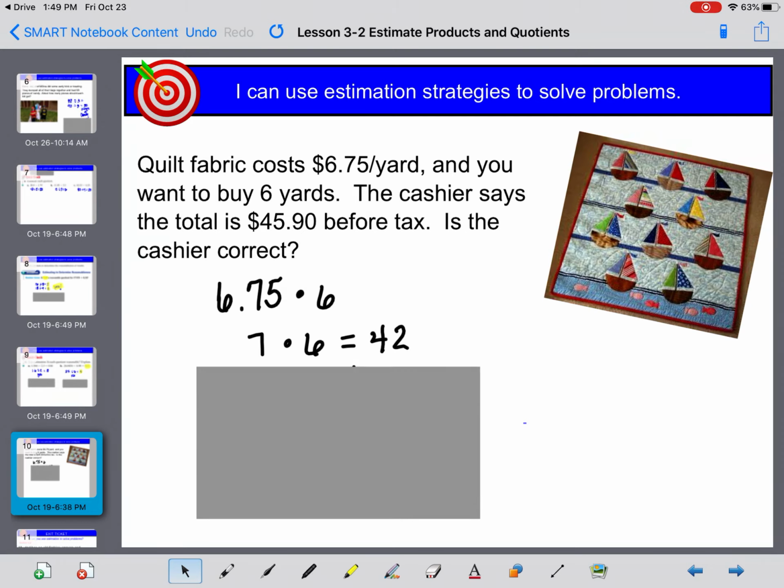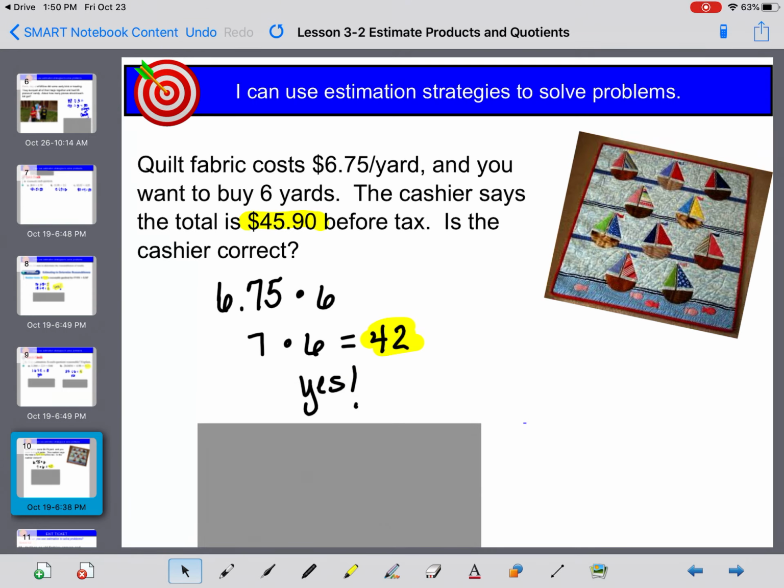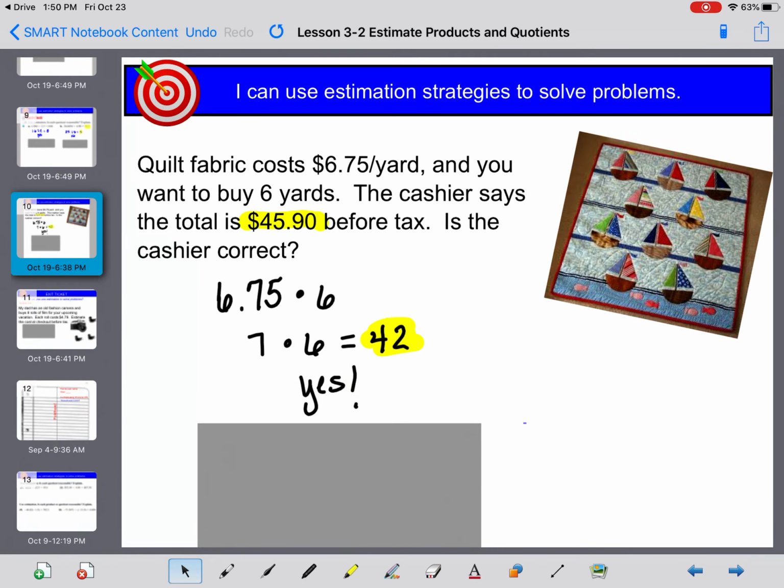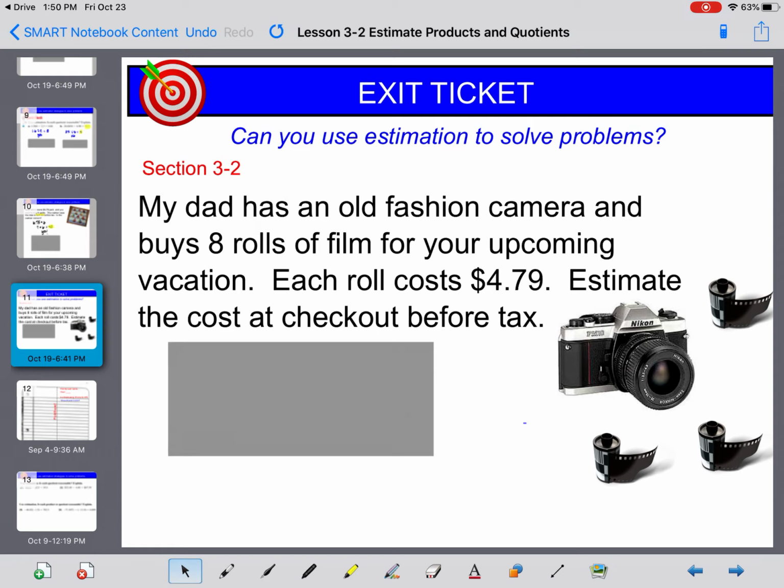I don't know about you, but I find it easier to round that to approximately $7 times 6, which is $42. Now, the cashier told me that the total is $45.90. So I would say, that's pretty close. So yeah, that sounds okay to me. Pause the video and try this one on your own.